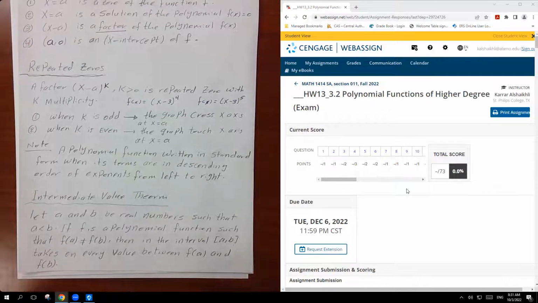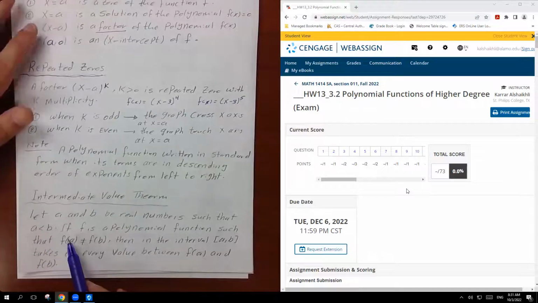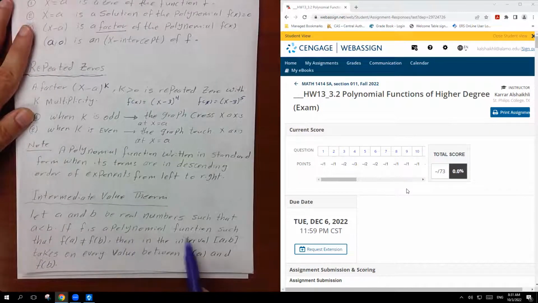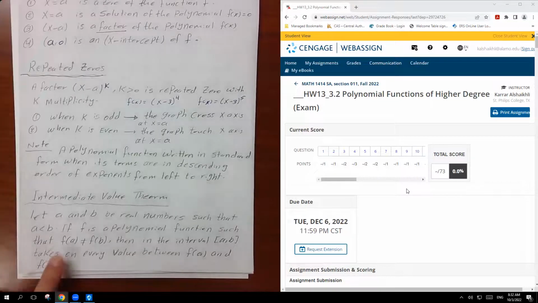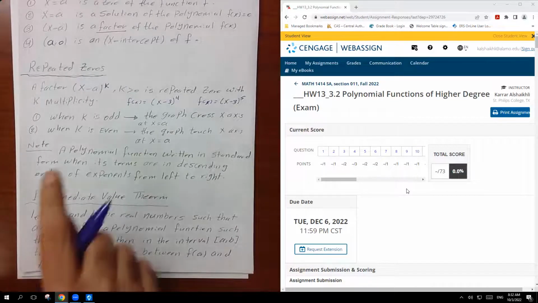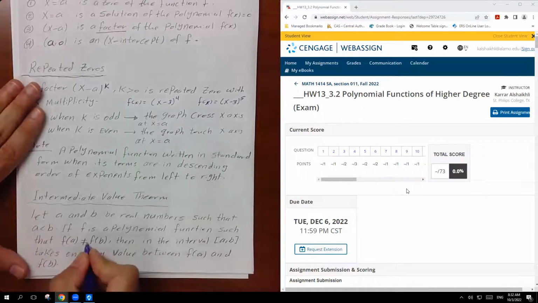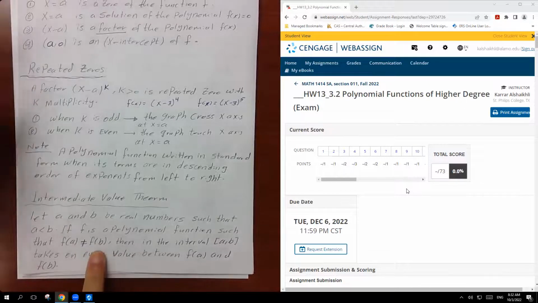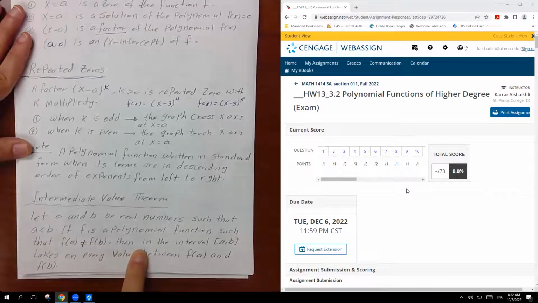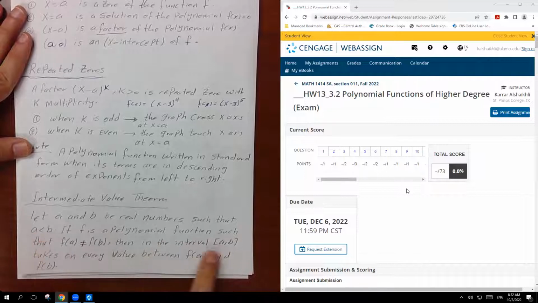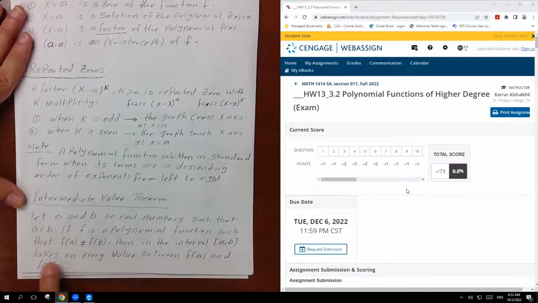That means, for example, 0 and 5, 0 and 7, 1 and 7. Two real numbers, but a is always less than b. If f is a polynomial function such that f of a, that means the y-coordinate for this point, is not equal to f of b, the y-coordinate for b, then in the interval (a, b), f takes on every value between f of a and f of b.